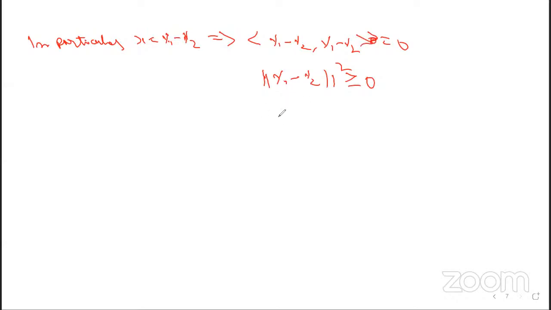That means the norm of y1 minus y2 equals 0, so y1 equals y2. This completes the proof of the theorem. Hence proved.